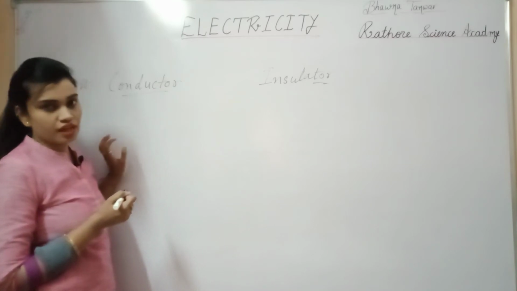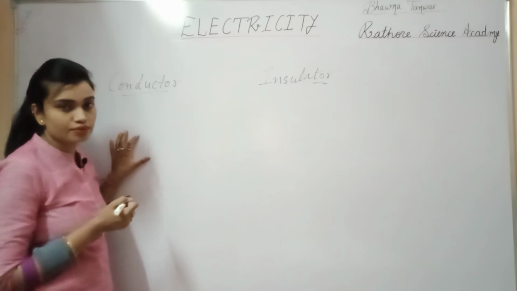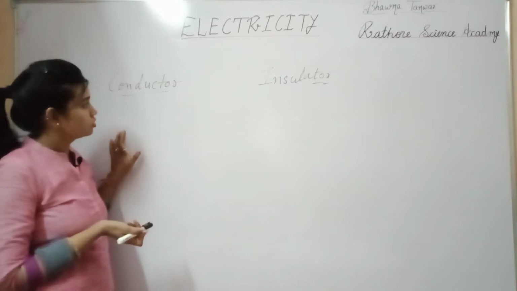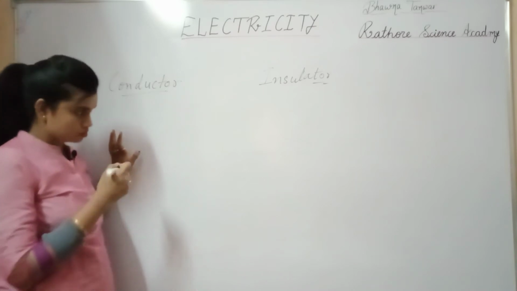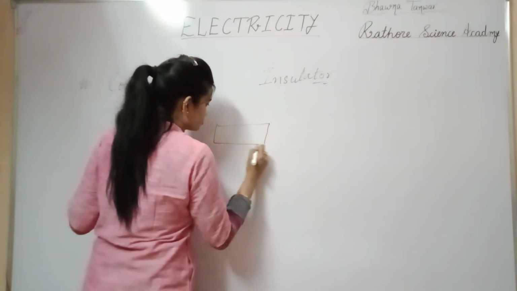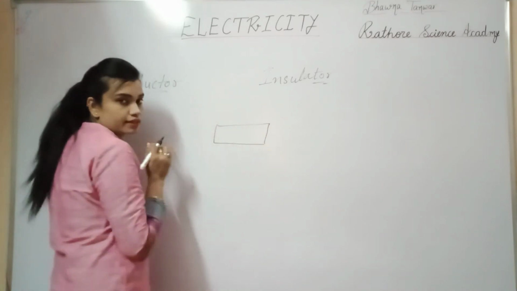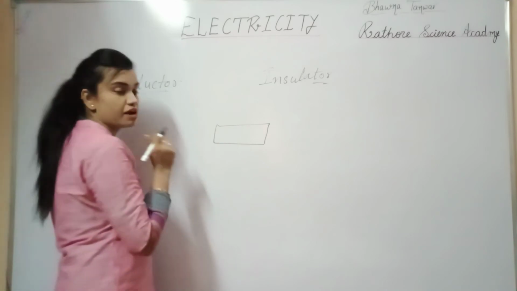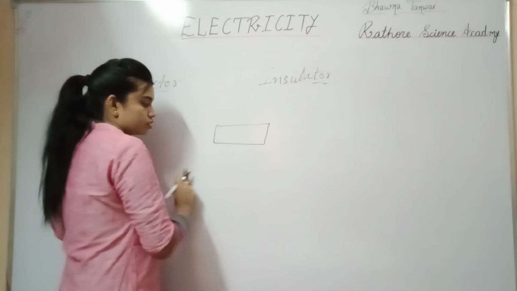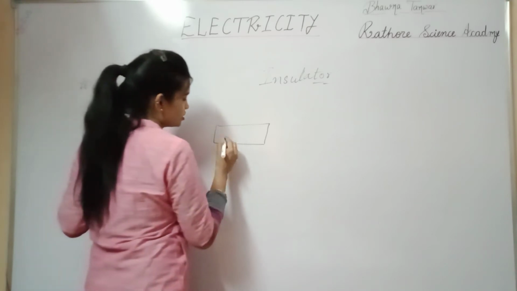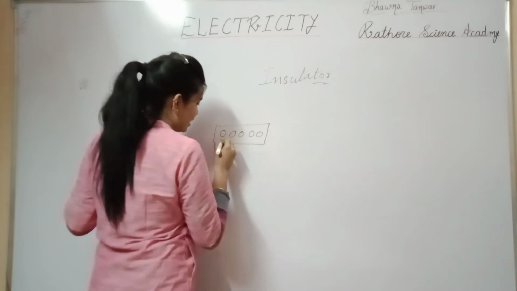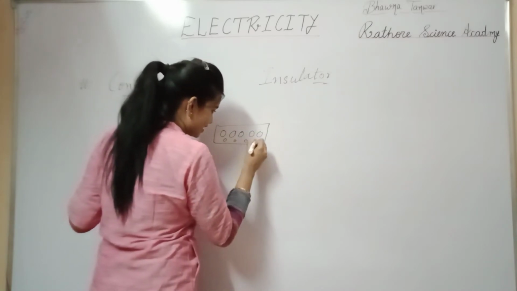So a conductor has more free electrons to move inside a wire. Now let us see a diagram. Suppose this is a metallic wire. Inside this metallic wire, atoms are present and small free electrons are present.